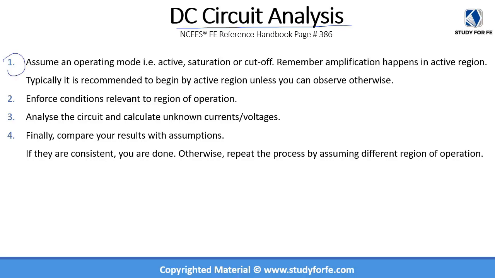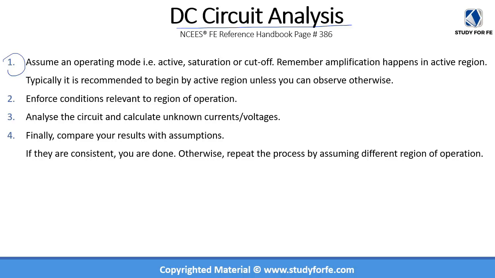If you want to quickly go back to those lectures, please feel free to jump back, because you remember that example where we had two different diodes, D1 and D2. We started by assuming that both diodes are on, and then we checked our assumptions, and then we had to turn one of the diodes off.